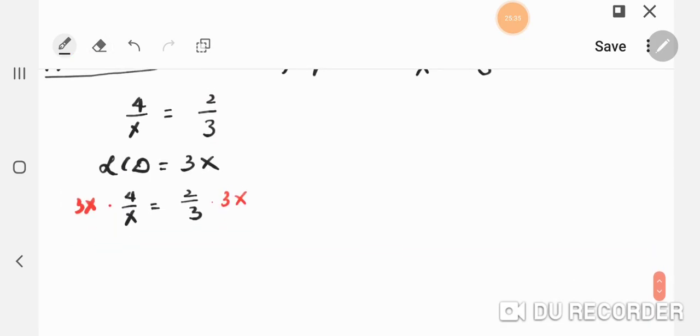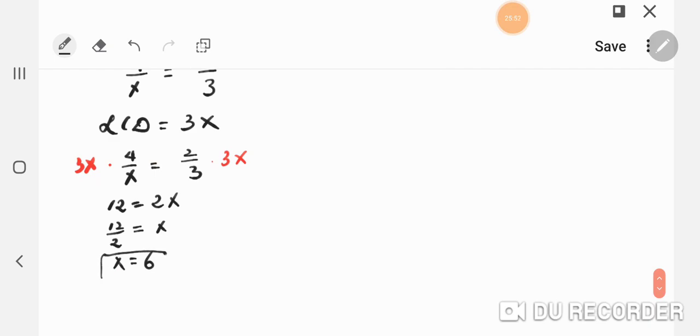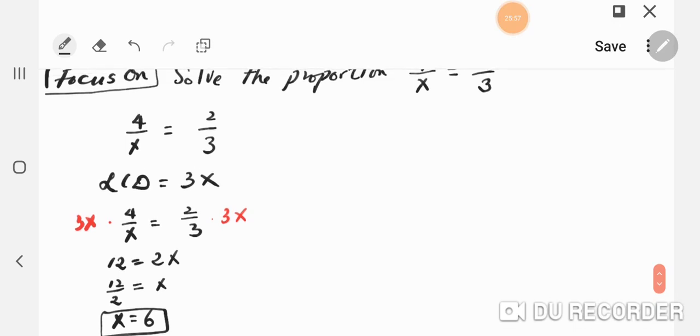Once we simplify this, we can cancel out x. So 3 times 4 is 12. Cancel out 3, so we get 2x. Then from here, divide each side by 2. So x equals 6. So we found the value x. So x is the solution. x will be 6.